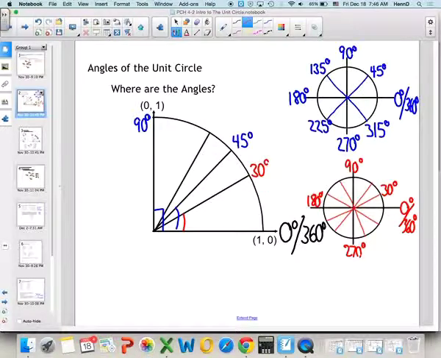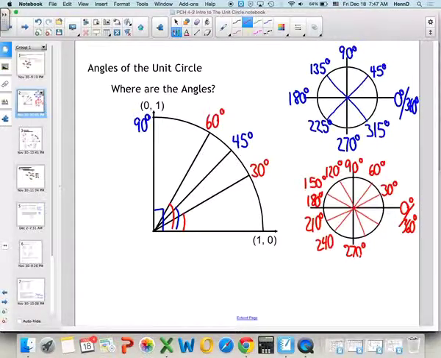And then we have 60 degrees, here's our angle right here. And then we keep going: 90, then 120, then 150, then 180, 210, then 240, 270, 300, and 330 degrees.